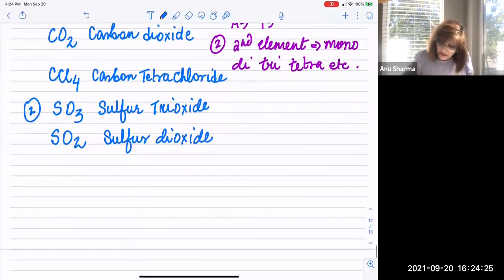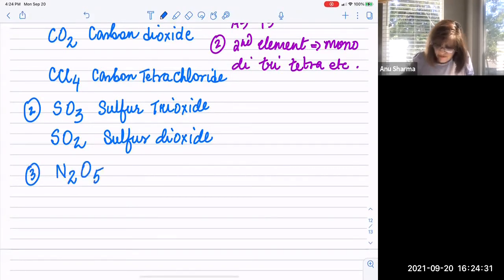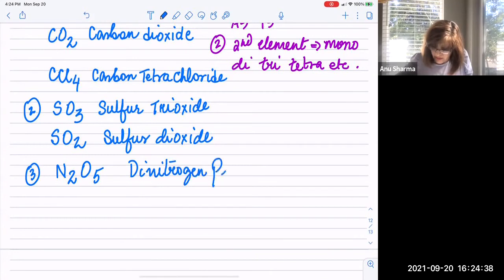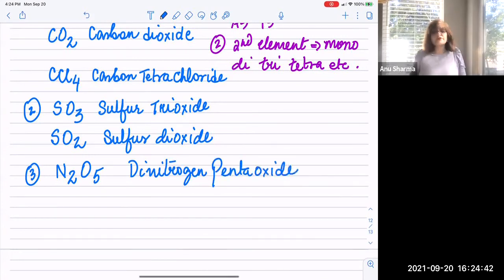On the other hand, if you have nitrogen 2, oxygens 5, then this becomes dinitrogen pentaoxide. Okay, pentaoxide. So these are just commonly the names we get.